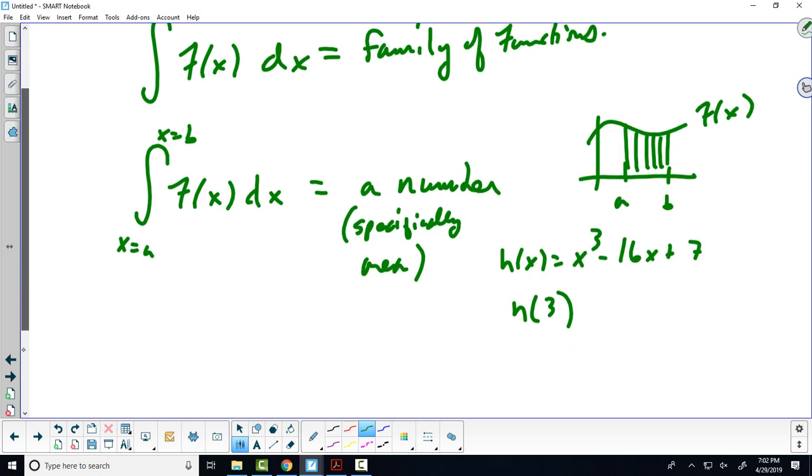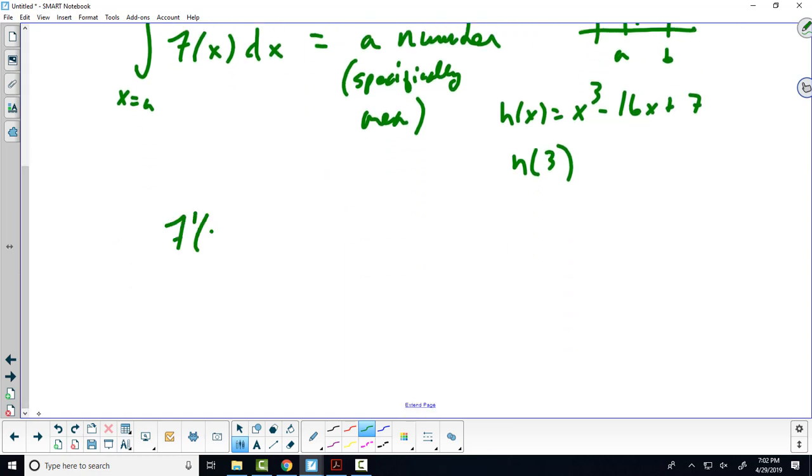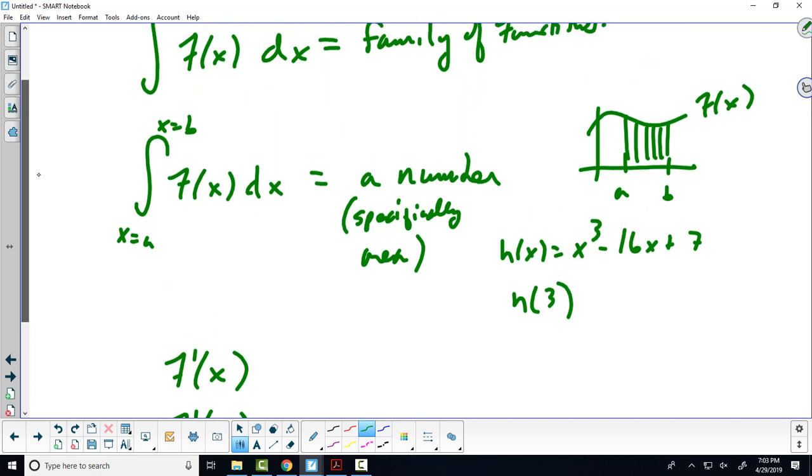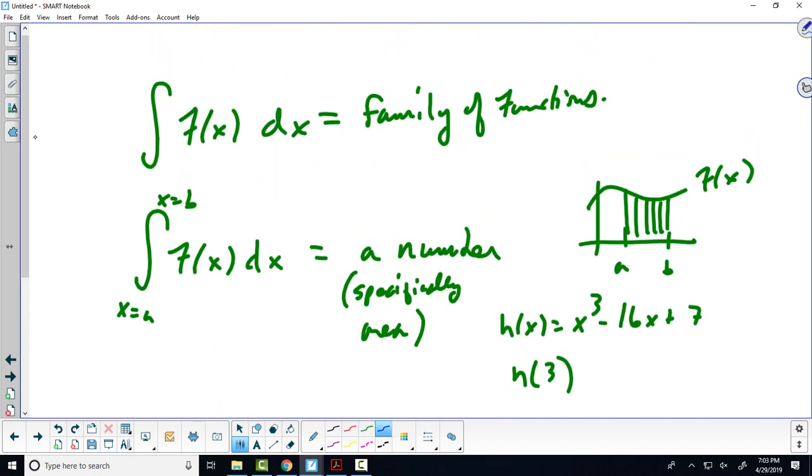This reminds me of f prime of x. What is f prime of x? It's a function. What is f prime of 3? It's the slope of a tangent line. That's kind of the same idea here. So going forward, it is absolutely essential that you see these two as two related animals, or two related entities.